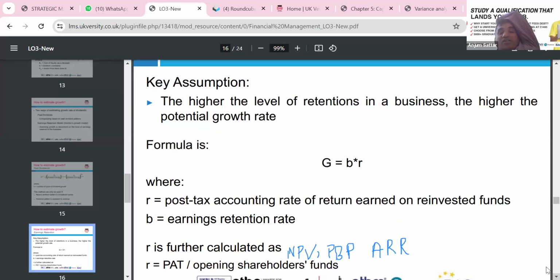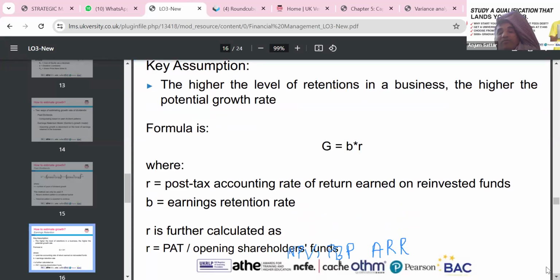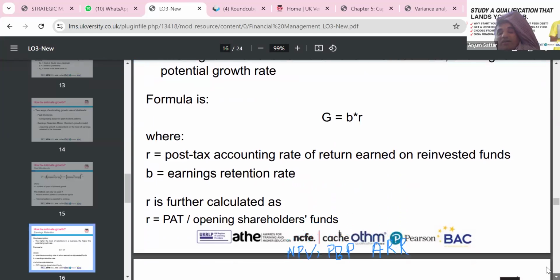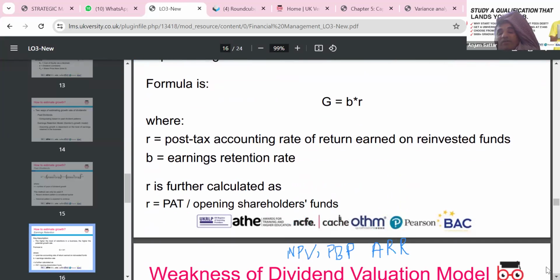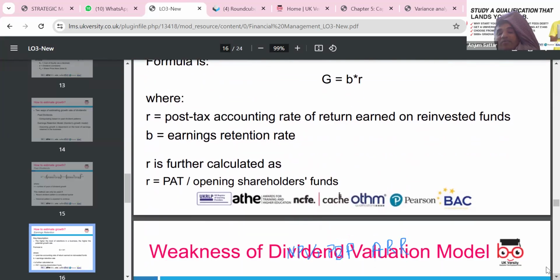So G, the growth, is equal to B times R, where R is our post-tax accounting rate of return earned on the reinvested funds, and B is the earning retention rate, how much we retain. R is based on profit after tax divided by the opening shareholders' fund.